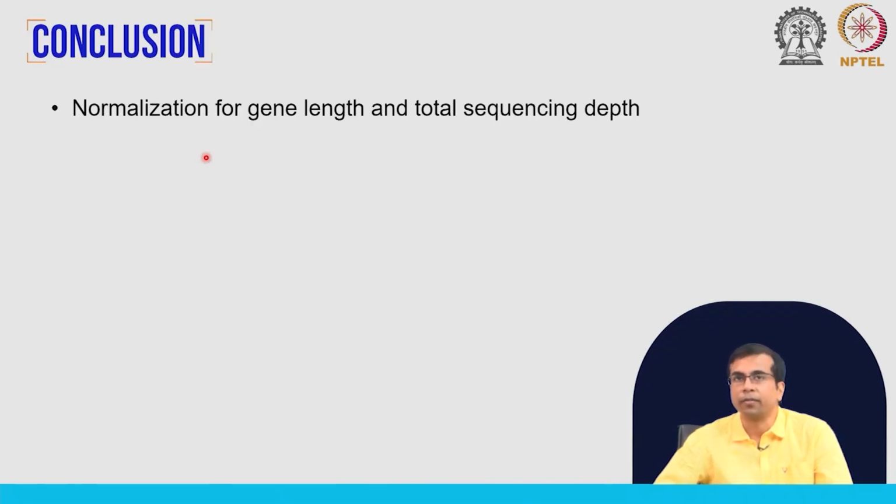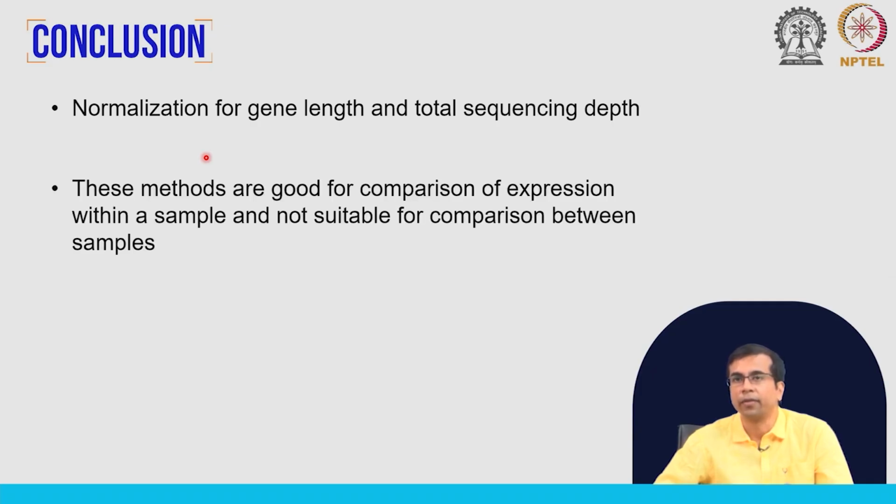To summarize, we have looked into normalization methods for gene length and total sequencing depth. We have talked about the FPKM, RPKM and TPM methods. We have seen that these methods are good for comparison of expression within samples, but they are not suitable for comparison between samples, and we have explained the reasons why.